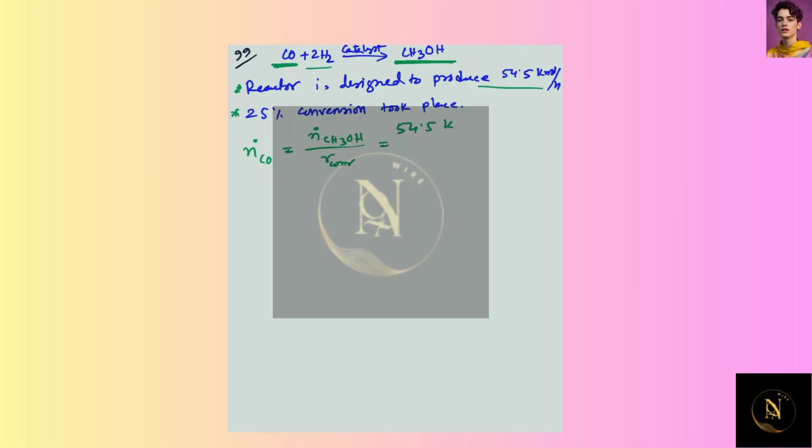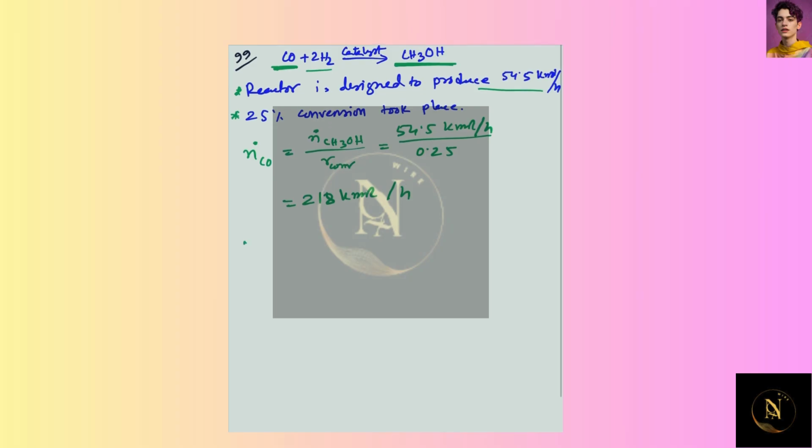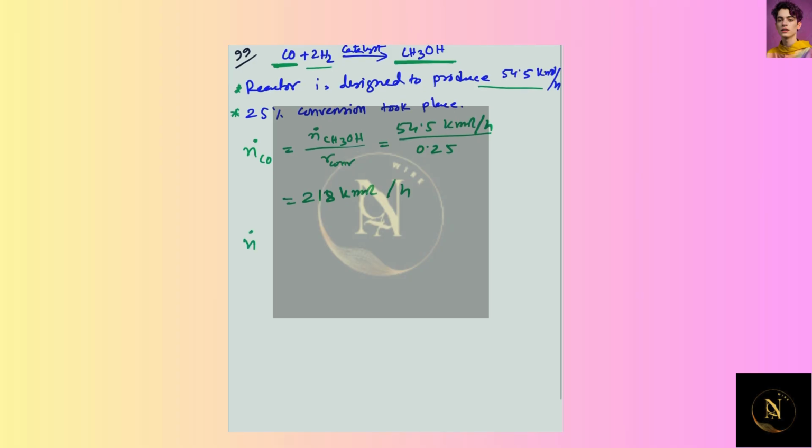Now, the number of moles for methanol is 54.5 kilomole per hour, and 25% of conversion took place. Therefore, we need to divide it by 0.25, and we get 218 kilomole per hour as the amount of carbon monoxide.